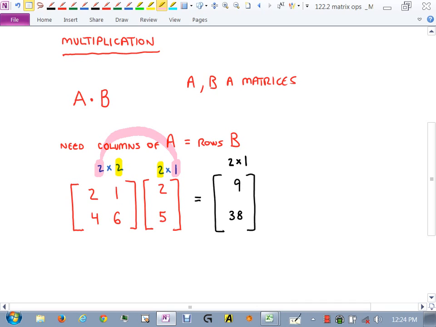Yeah? Okay. Where is 938 coming from? Let's see if we can figure out where 9 comes from. Where does 9 come from?